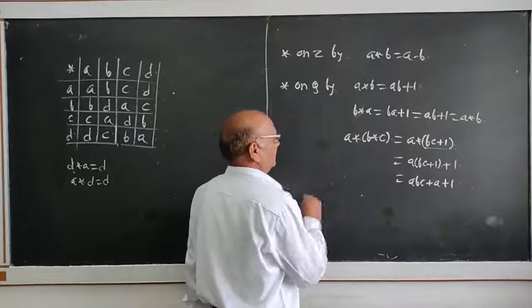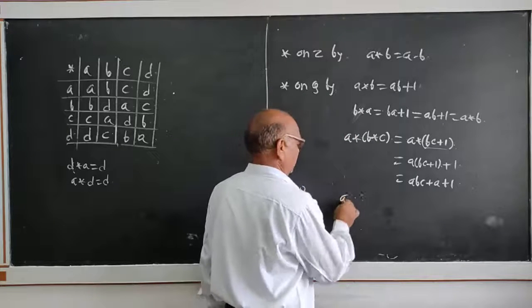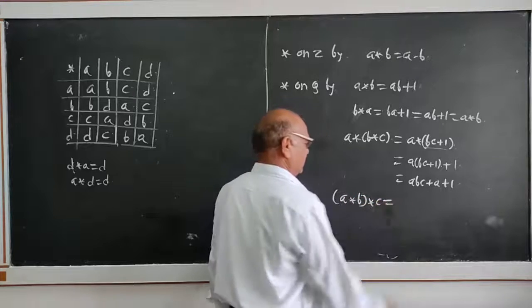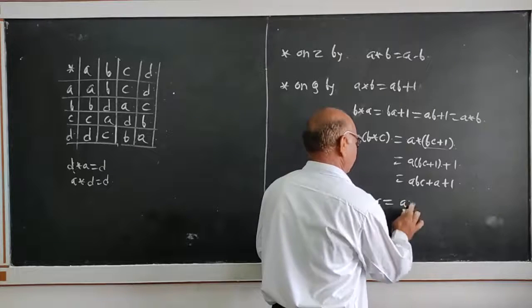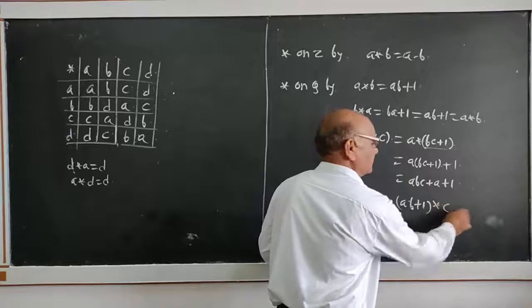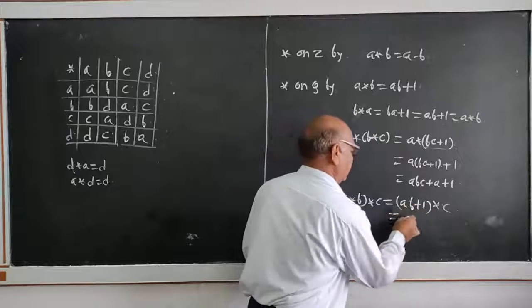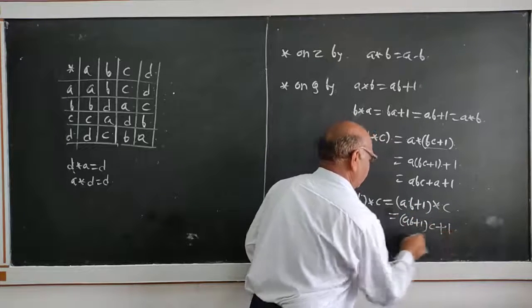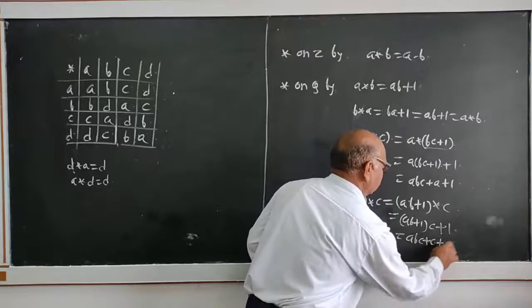Now check another way. (A star B) star C is equal to (AB plus 1) star C. Now again (AB plus 1)C plus 1, this is equal to ABC plus C plus 1.